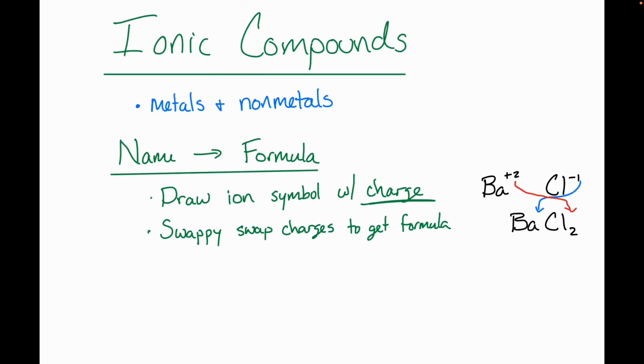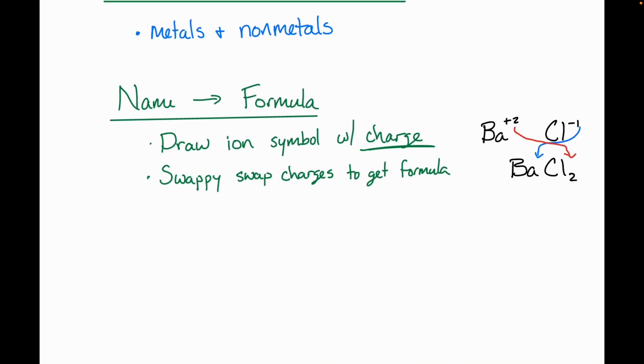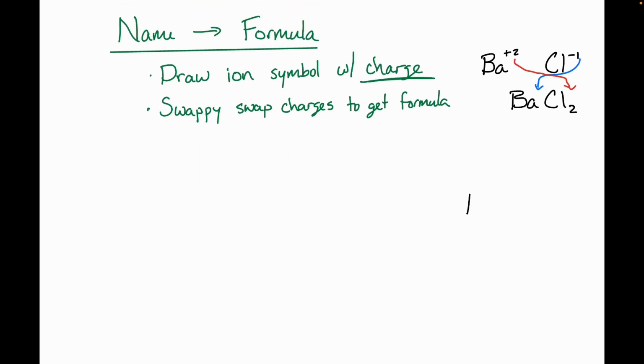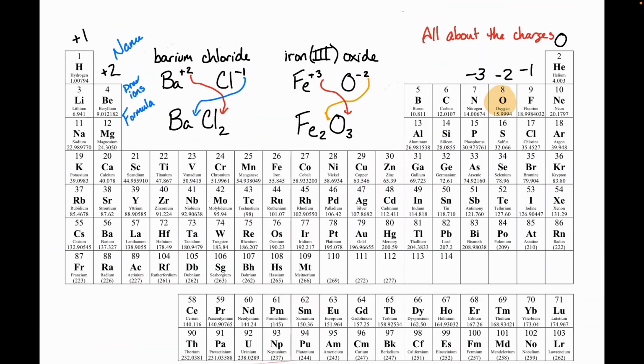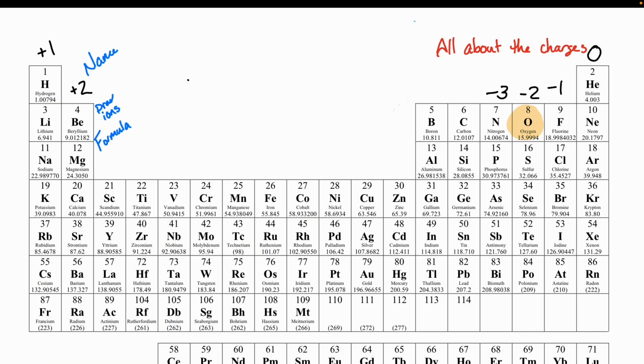All right. There's one other sort of trick to this here. If we look at another example, let's just actually do it from scratch here. All right, we're going to do magnesium oxide. Okay, so step 1 is grab those ions with their charges.